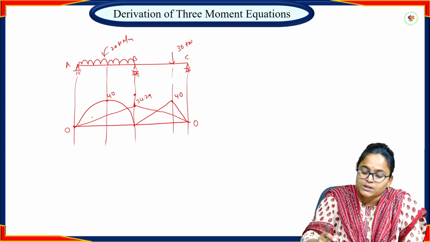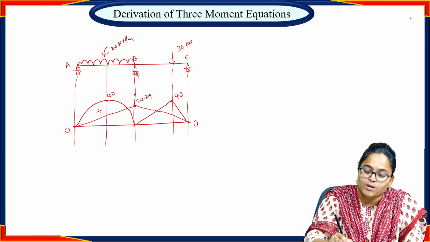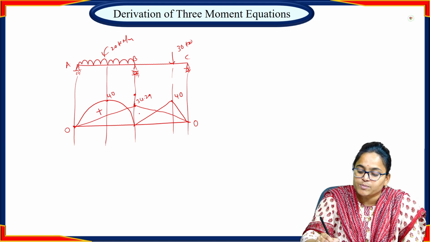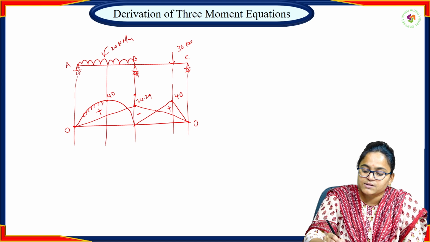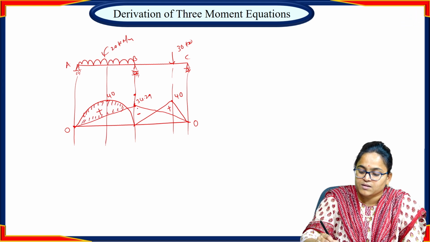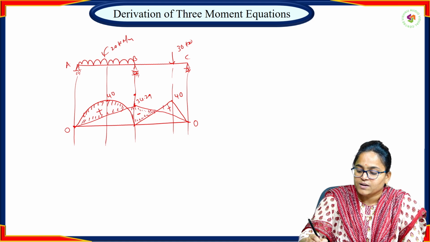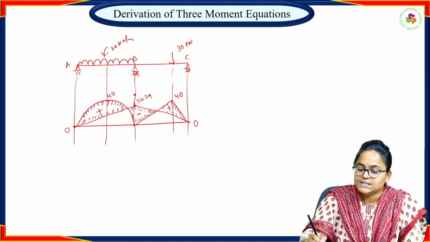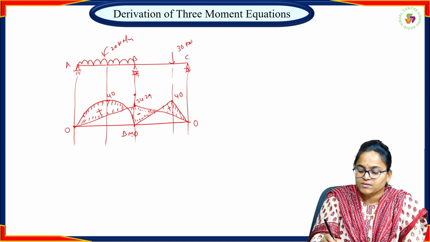Now above the fixed BMD is positive and below the fixed BMD is negative. So this is positive, and this is negative. So this is called the BMD.